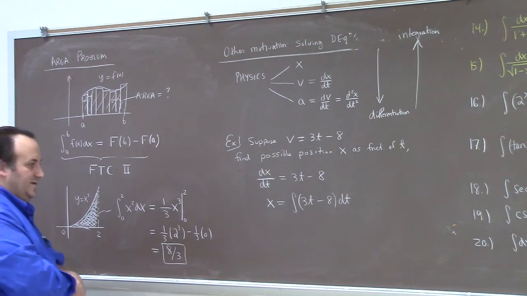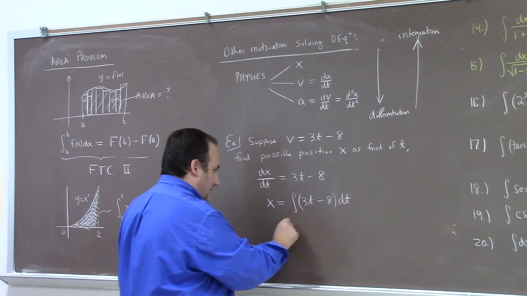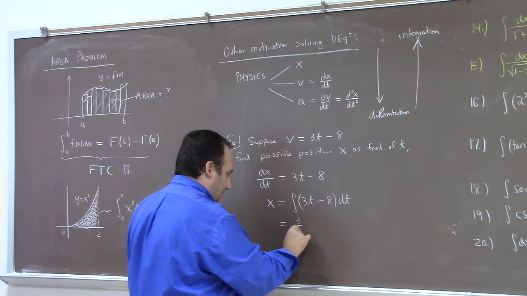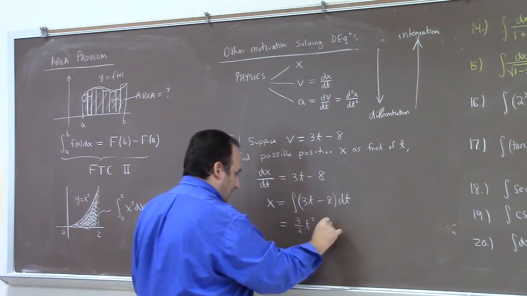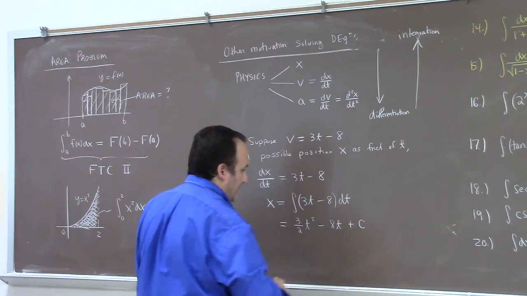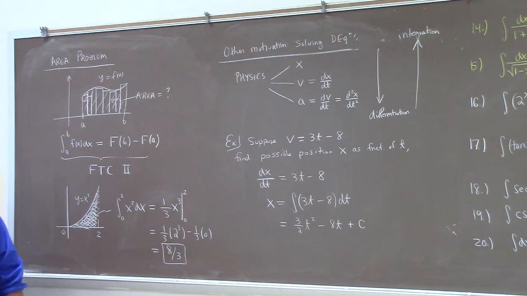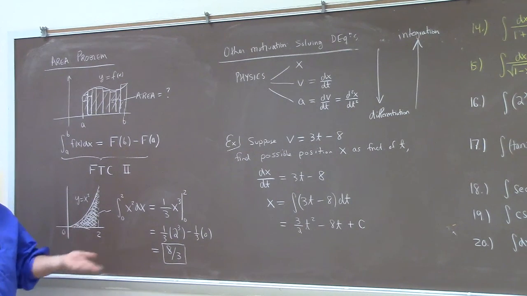What is the integral of 3t minus 8? Well, we could do that, right? It's 3/2 t squared minus 8t plus a constant, right? You're like, well, that's weird. How can we have a specific velocity and yet the position is only known up to a constant?